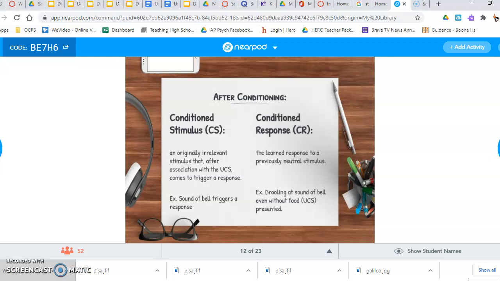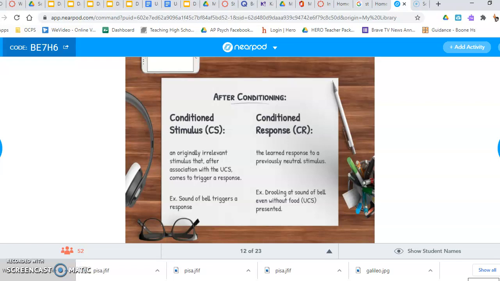And so the conditioned stimulus, it's the same neutral stimulus that you were using during conditioning, okay, will now trigger a conditioned response, all right? So the sound of the bell is going to trigger a response. Your conditioned response is, because remember, conditioning is learning, the learned response to that bell, that originally neutral stimulus.